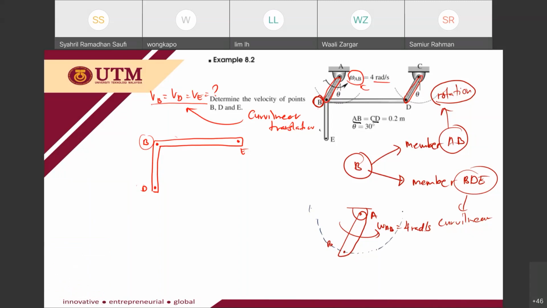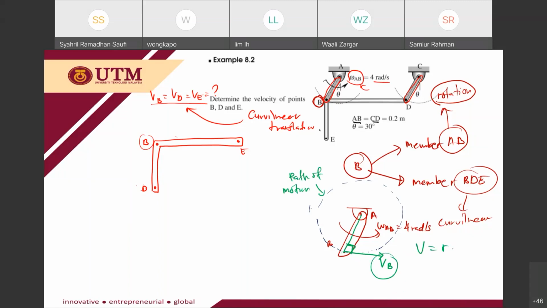This is the path of motion of point B. Point B will have the linear velocity that is perpendicular to this radius and tangent to the path of motion. So this is VB, 90 degrees from the radius and tangent to the path of motion.